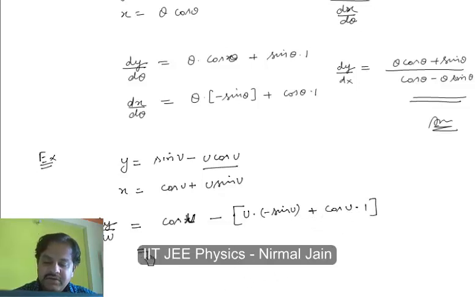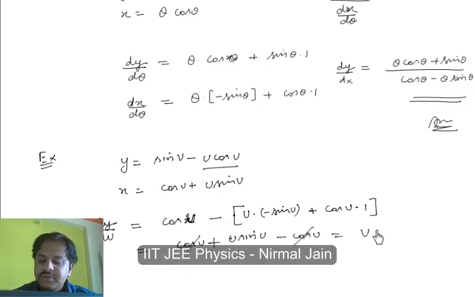This comes out to cos u plus u sin u minus cos u. The cos u terms cancel out, so this becomes u sin u.